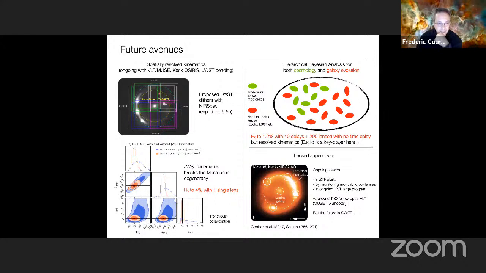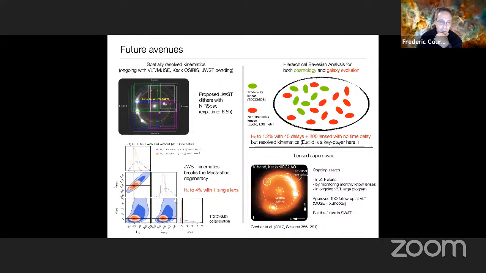That's why we applied for time on the James Webb Space Telescope, to get very high resolution imaging of some of our lenses, actually only one in the first proposal. But we also want the spatially resolved kinematics of the lensing galaxy, because that constrains the lensing potential in a different way than lensing.